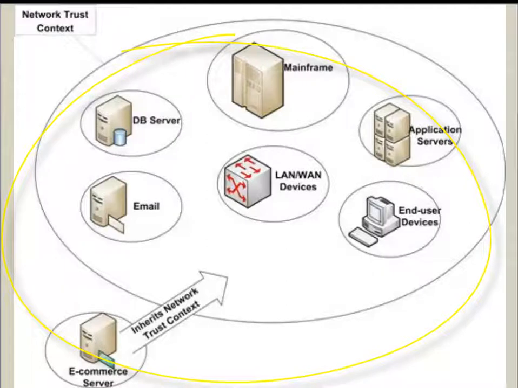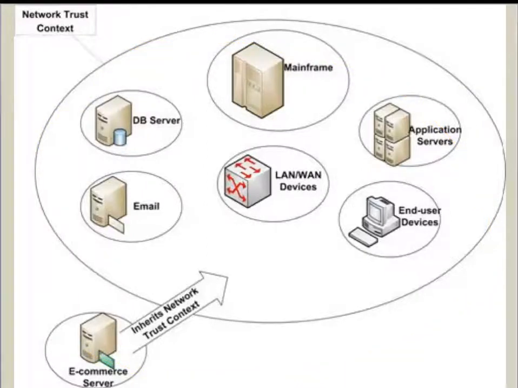The network itself, or the segment onto which I put that device, is a trust context. So, for example, if I put this e-commerce server into a network segment that processes restricted data, and the trust of that segment is very high because of the controls and monitoring I have for that segment, then that e-commerce server is going to inherit that high network segment trust.